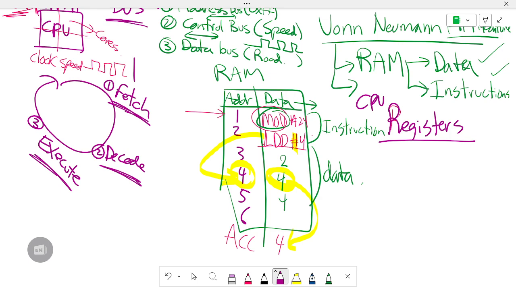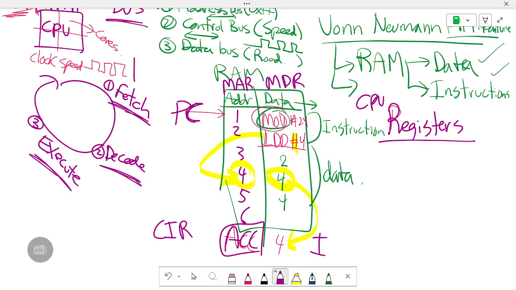MAR. The very first thing is, after each cycle, what happens? What is the PC? We have PC, MAR, MDR, CIR, ACC, and IX.